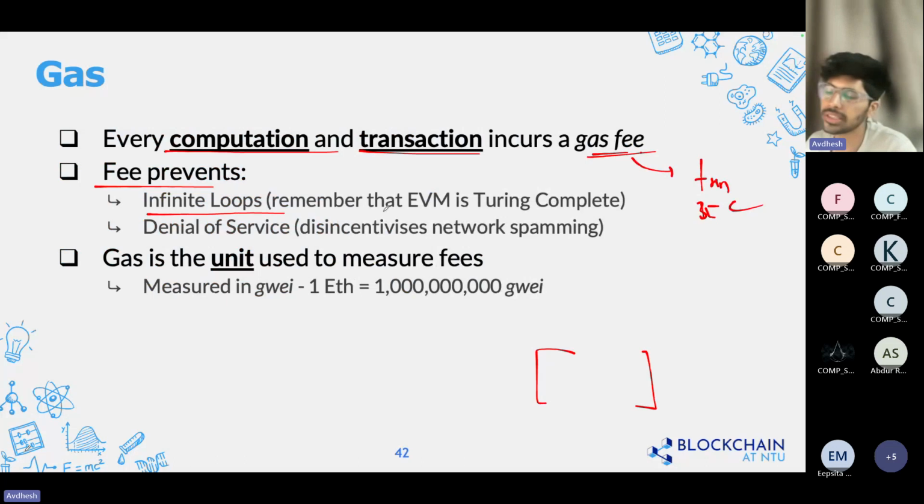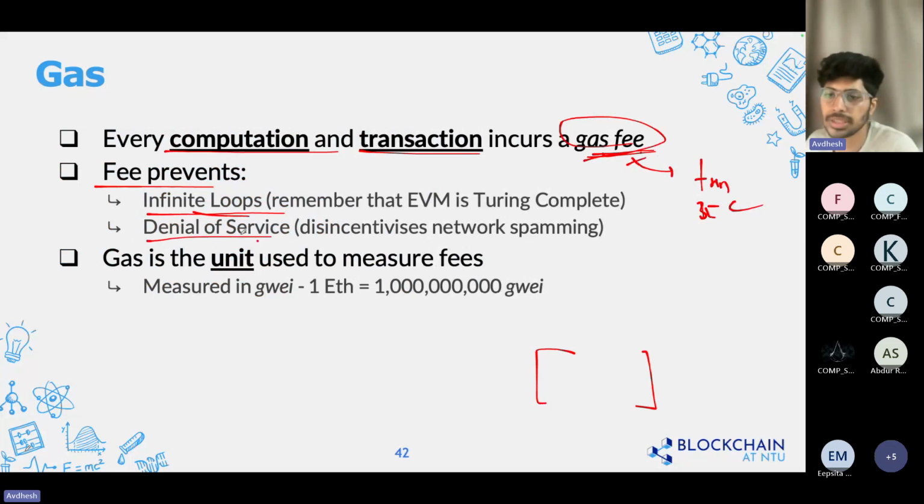If there is a defect in our code and we are running the loop infinitely, it will exhaust all of the Ethereum that we have in the account, right? So just to prevent that, they've introduced gas fees. And also the denial of service.